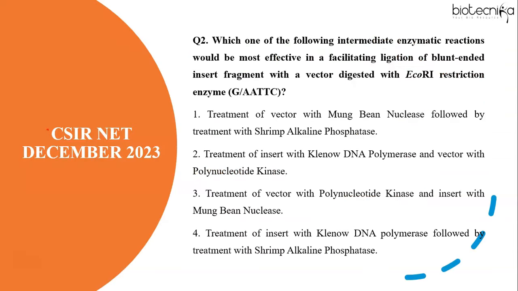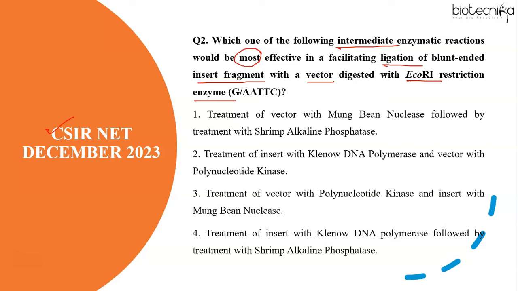Now another question is from CSIR NET December 2023. Question 2 is, which one of the following intermediate enzymatic reactions would be most effective in facilitating ligation of a blunt-ended insert fragment with a vector digested with EcoRI restriction enzyme?